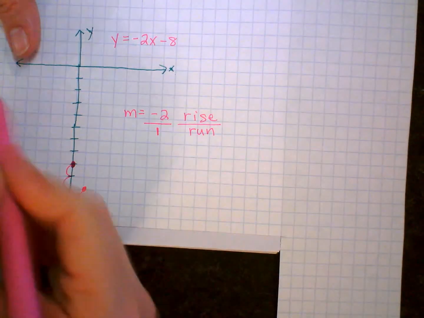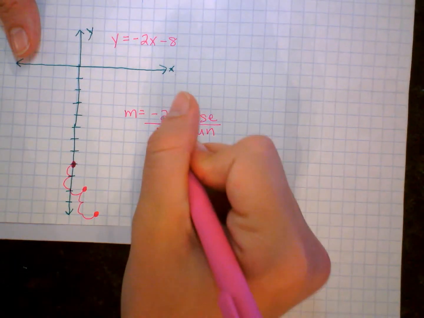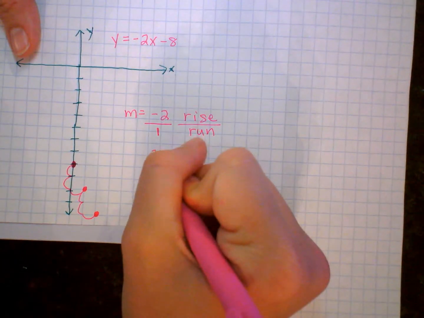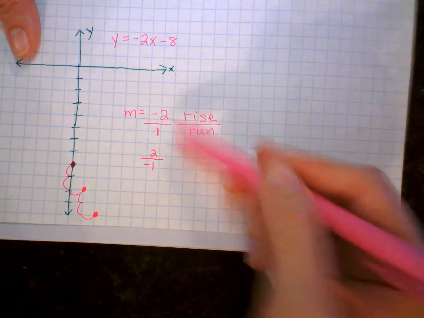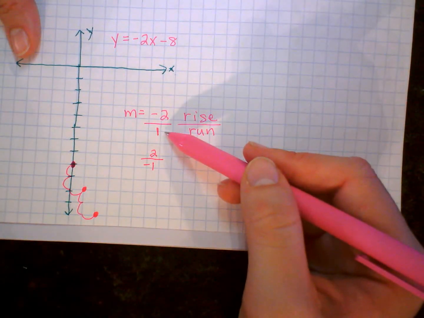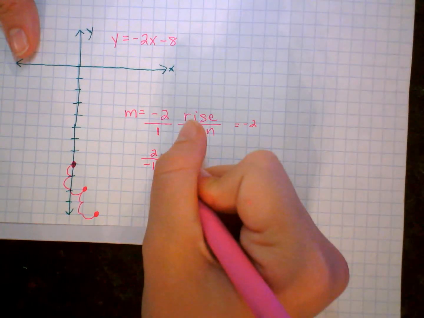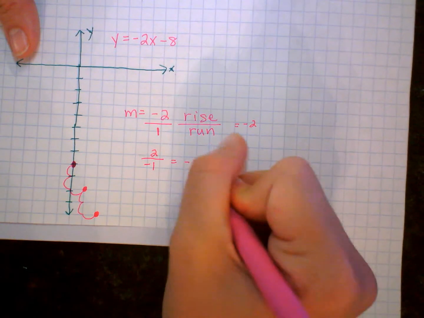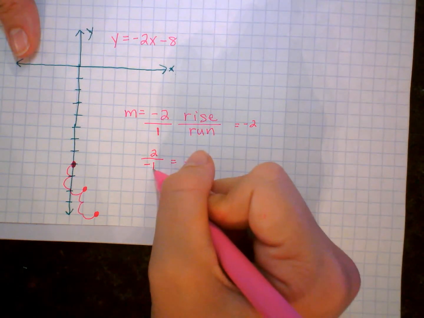Now we can continue going in this direction and add more points up here. So instead of negative 2 over 1, technically it's also a positive 2 over a negative 1. Because negative 2 divided by 1 is negative 2. And 2 divided by negative 1 is negative 2. It's the same thing. So rise 2, run negative 1.